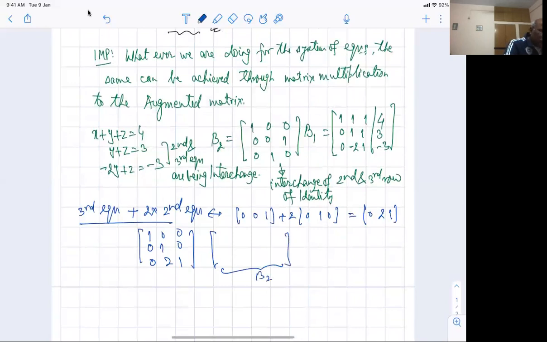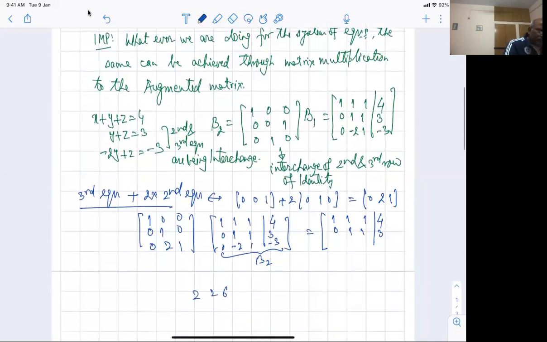So what is B2? 1, 1, 1, 4, 0, 1, 1, 3, 0, minus 2, 1, minus 3. I would like you to see and calculate here that this remains as it is because I am just multiplying by 1, 0, 0. This also remains as it is. And if I look at 0, 2, 1, multiply 2 times the second row, this gives you 0, 2, 2, 6.